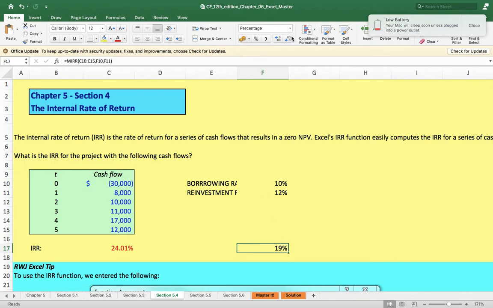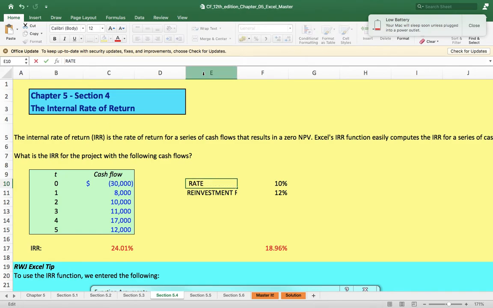Always give with 2 decimals in percentage. So MIRR is what you calculate when reinvestment and borrowing rates are different, not IRR. IRR is not discriminating. Borrowing rate means financing rate, both are the same.